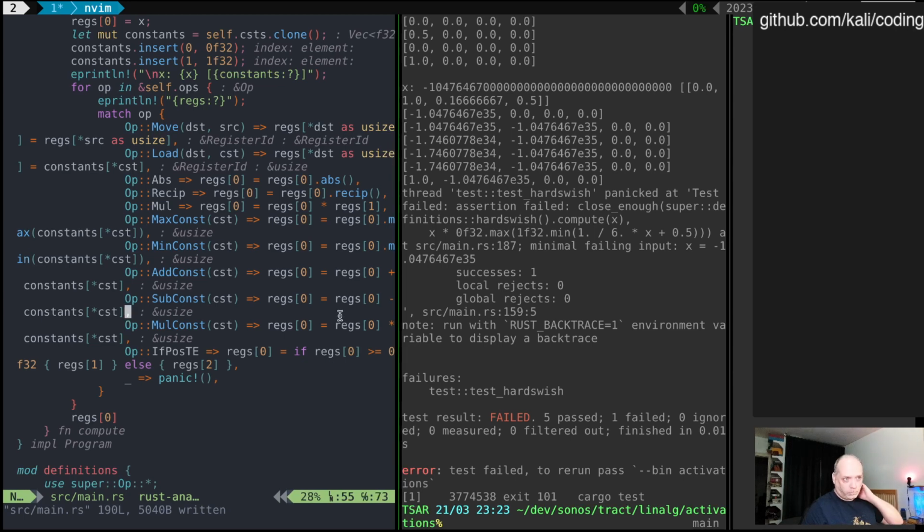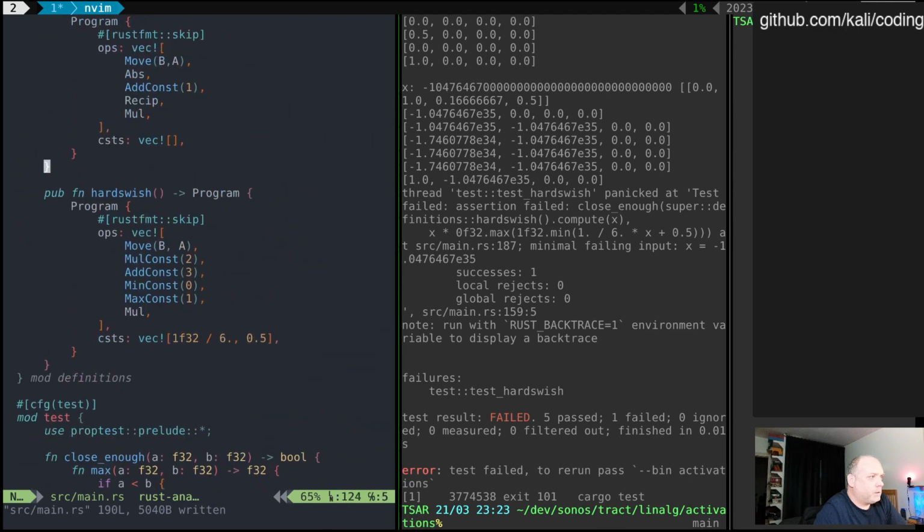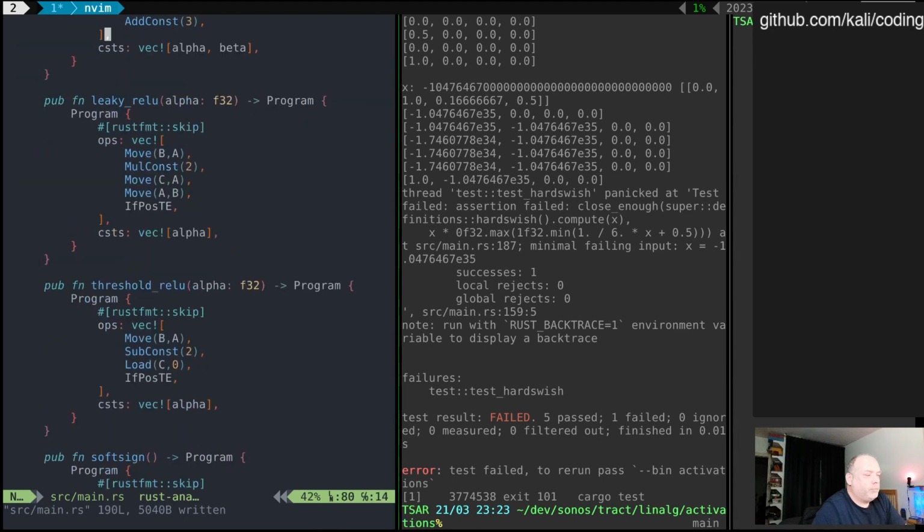So I think, nope, that's not it. 1/6 times x. No, I can't see any big problem there. So let's see what we are computing. We are copying the input into the second register. That's move BA.